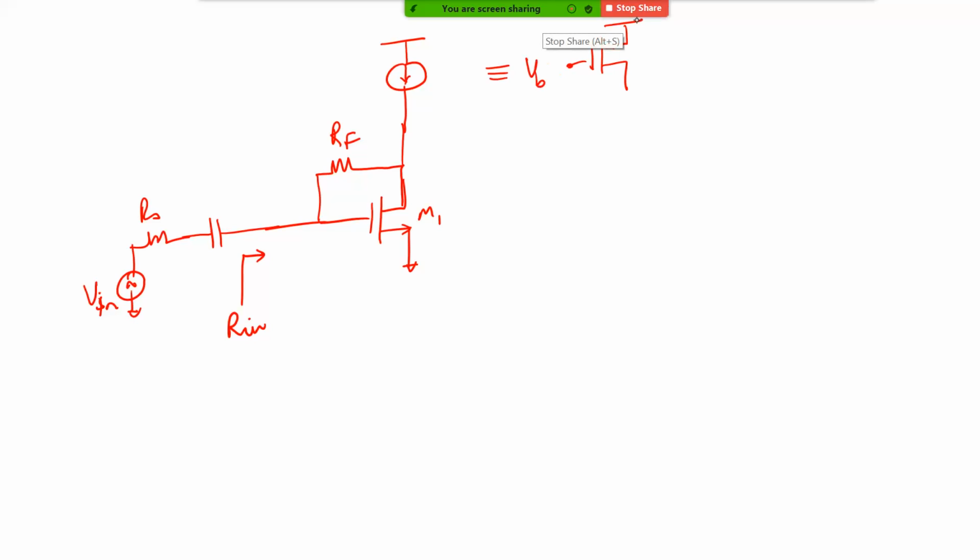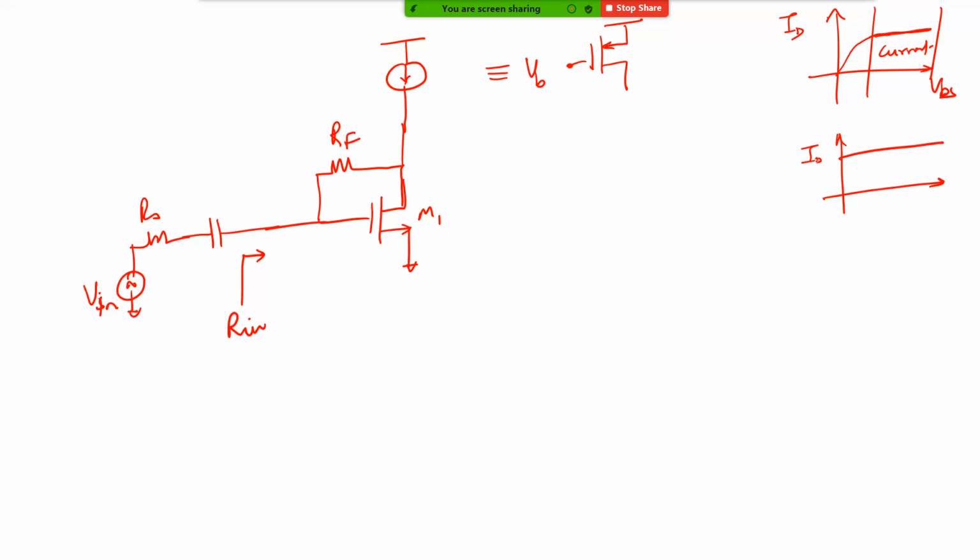All right, so when you have a fixed bias, what happens? When it is in the saturation region, you know that the curve is pretty much flat, so in this region it acts as a current source. This is VDS on the x-axis, current on the y-axis. For a constant current source, you basically want a constant current I naught for all values of V naught across it.